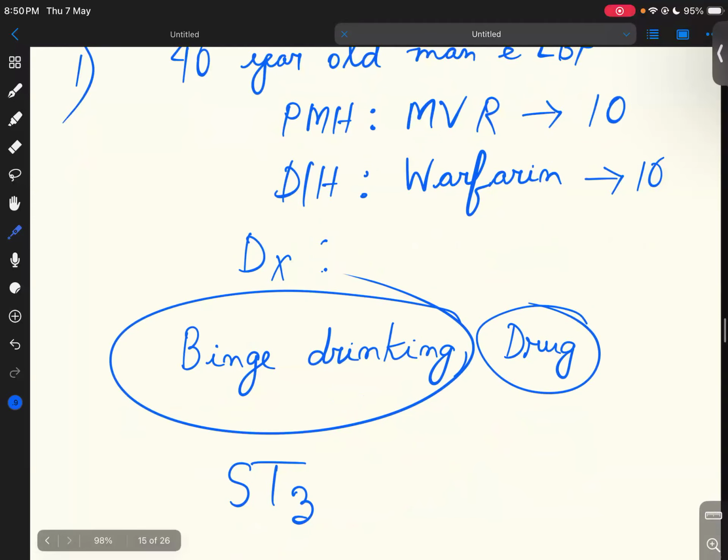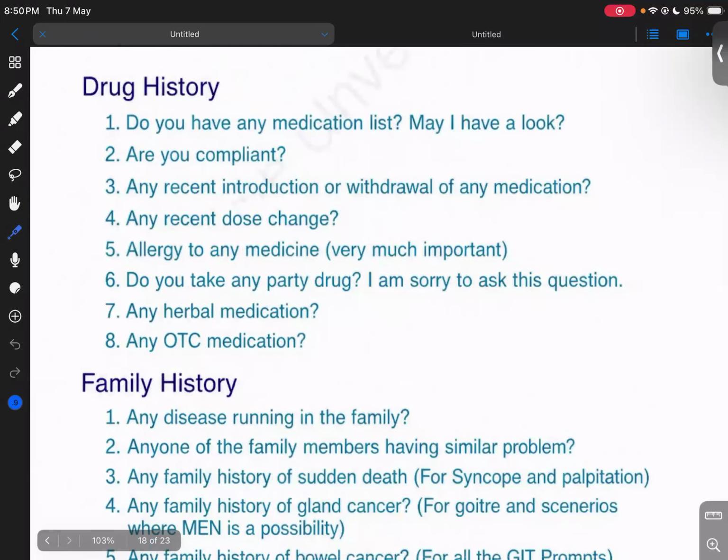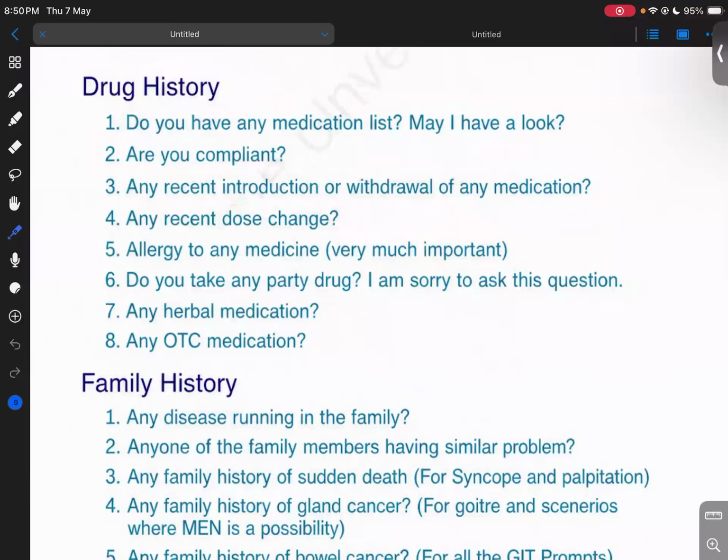So what is the reason that I have mentioned this drug interaction? The reason is that unless you ask about any recent dose change or any recent introduction or withdrawal of any medication in the drug history, the surrogate will be instructed not to give you the information. That is the reason you have to know what questions to ask for the drug history.